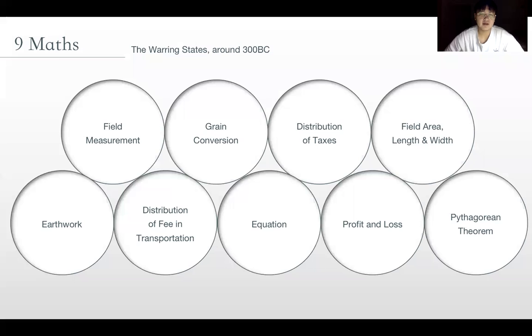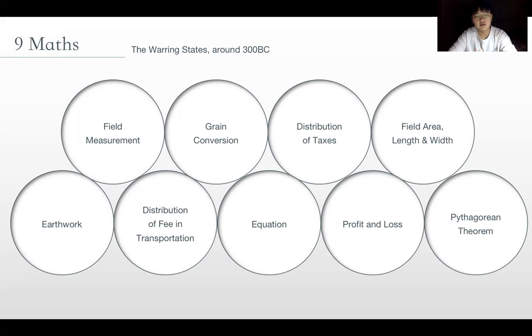And then it's nine maths. During the Warring States, which is around 300 BC, people had already divided the math study into 9 branches, and they are field measurement, like people need to measure those fields so they can distribute their labor or profit from the field.